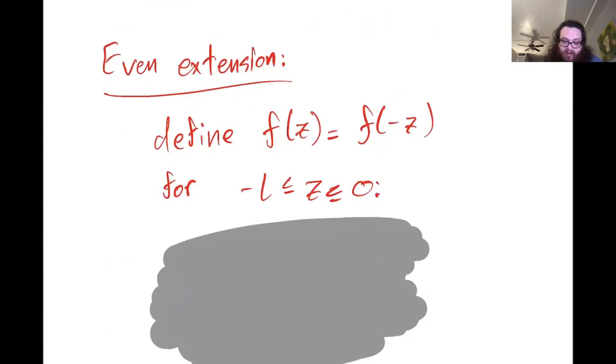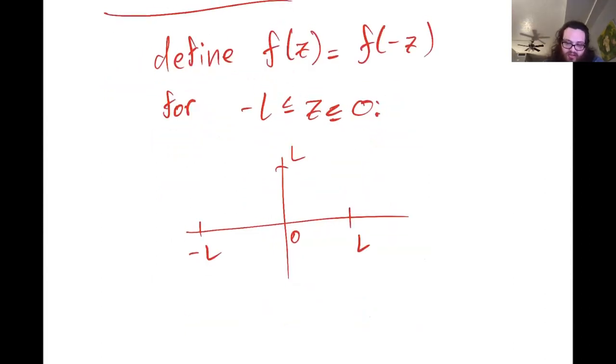Well, what about the even extension? Again, for negative x, what is the function value? Well, that's just going to be the function value, the function reflected over. So what does that look like as a sketch? Cosine over here looks something like that. What is the even extension?